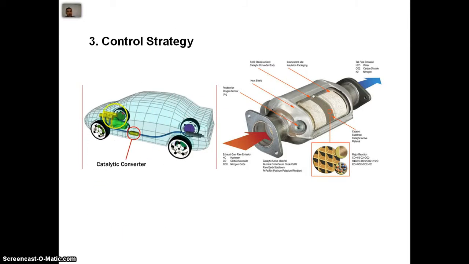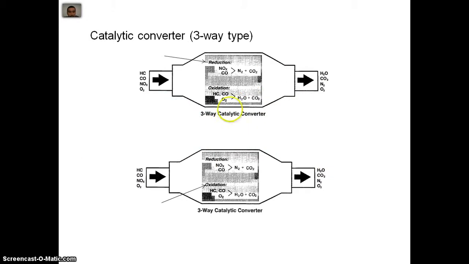So this is a catalytic converter. So nowadays, all modern cars use the 3-way catalytic converter. It means that it controls the hydrocarbon, carbon monoxide, nitrogen oxides and oxygen, and before escaping to the atmosphere, there is a chemical reaction in the catalytic converter to become not harmful gas.